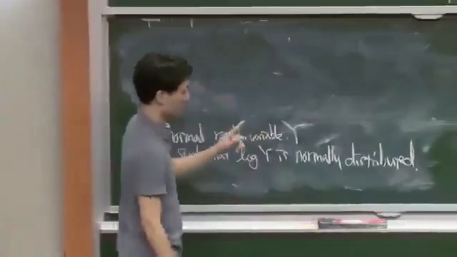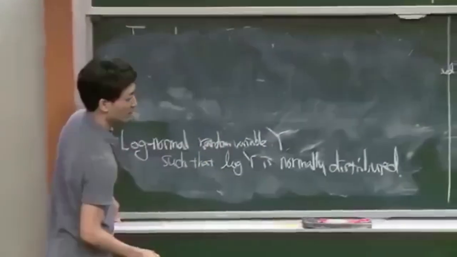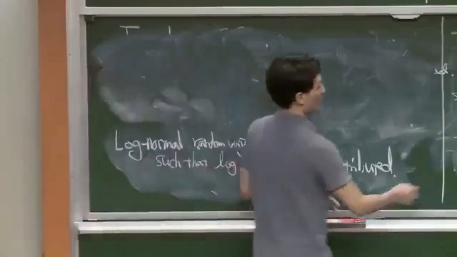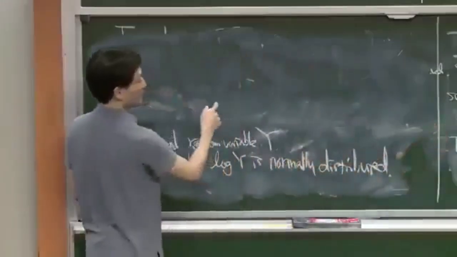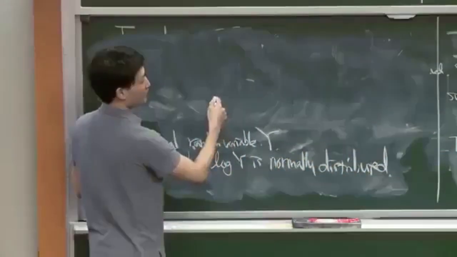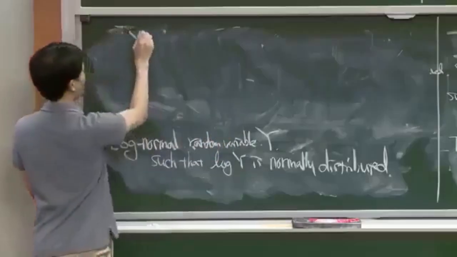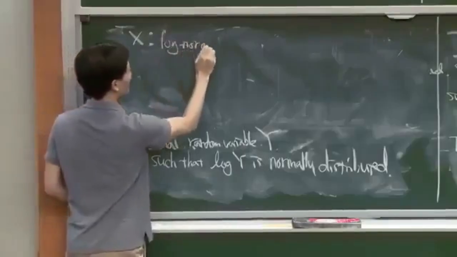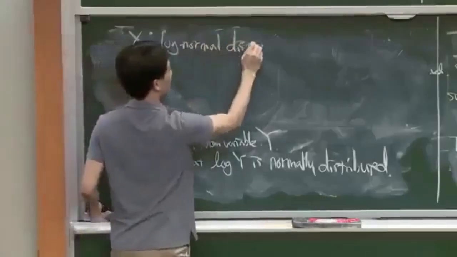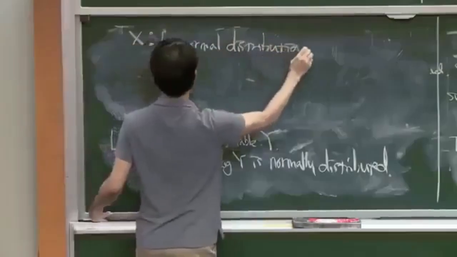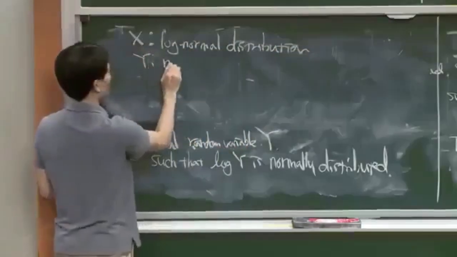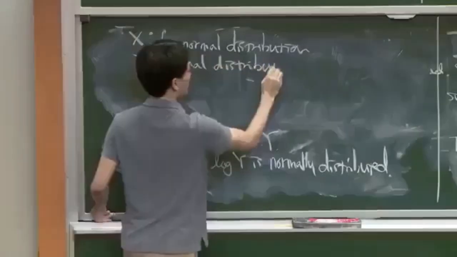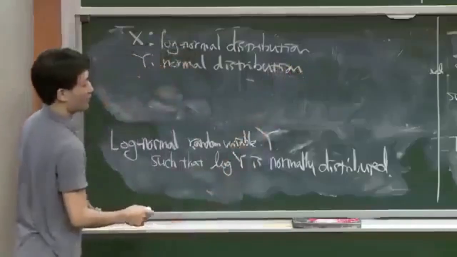Let me make sure I get this right. I want x to be the log normal distribution, and I want y to be a normal random variable.